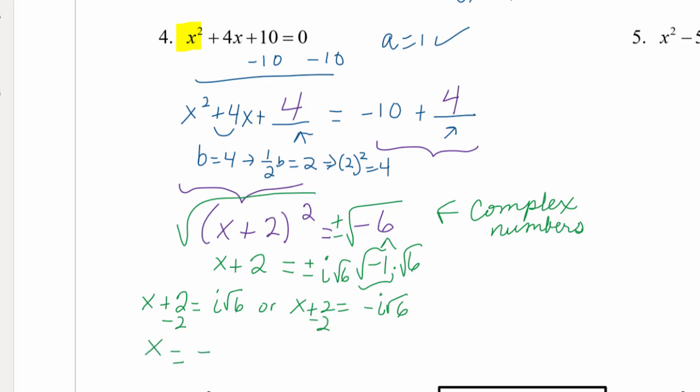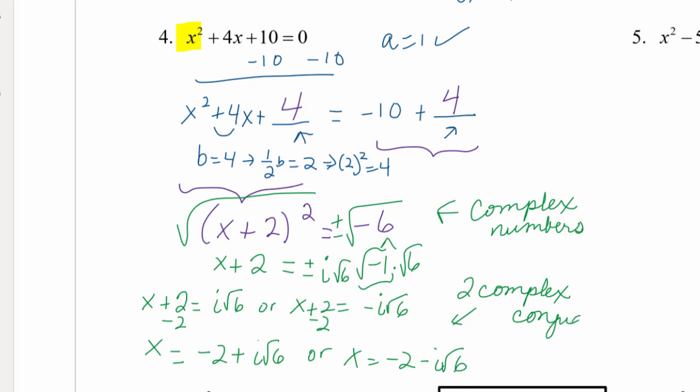So x equals negative 2 plus i root 6, or x equals negative 2 minus i root 6. And that means that our roots are two complex conjugate roots. Do you remember what that meant?